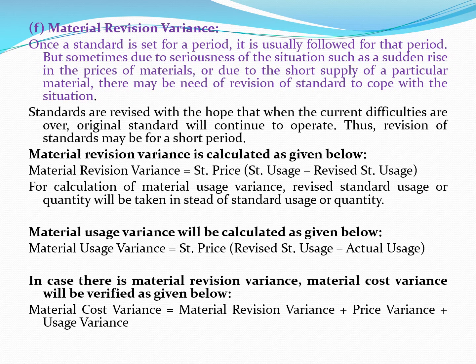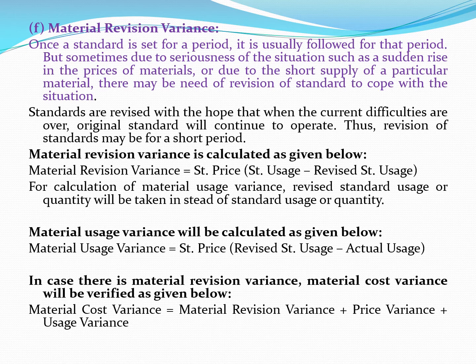The last one is material revision variance. Once the standard is set for a period, it is to be for that particular period, so here for a year or for 6 months, depending on the company or the business.